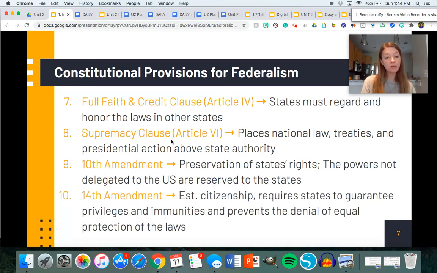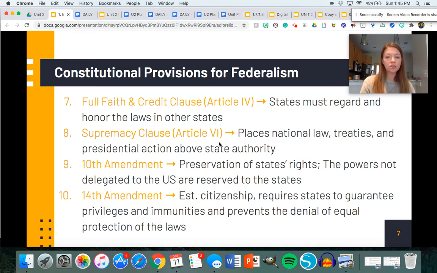And then the 14th Amendment, again, is going to shift that balance of power back to the federal government. We'll see this being passed after the Civil War, but it establishes citizenship, requires states to guarantee privileges and immunities, and prevents the denial of equal protection of the laws.